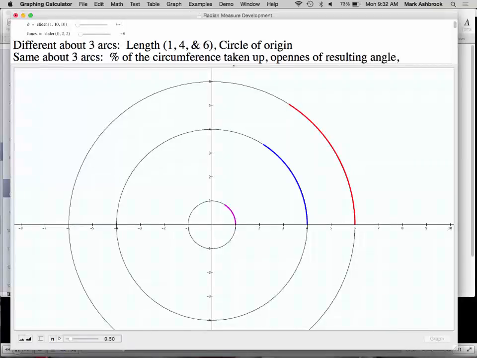There's something else that's the same about those three arc lengths. They're all what? So before I even wrap them up on the circle, they're all one radius, right? They're all one radius of their circle. So we call that one radius length.